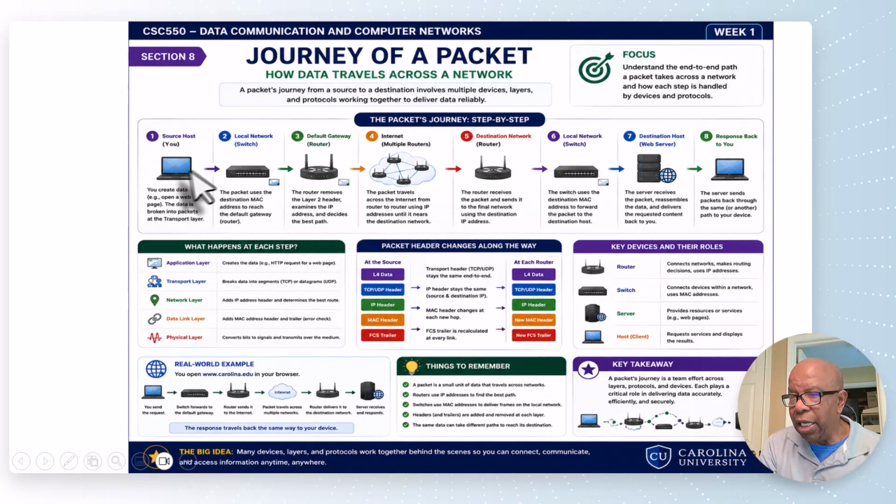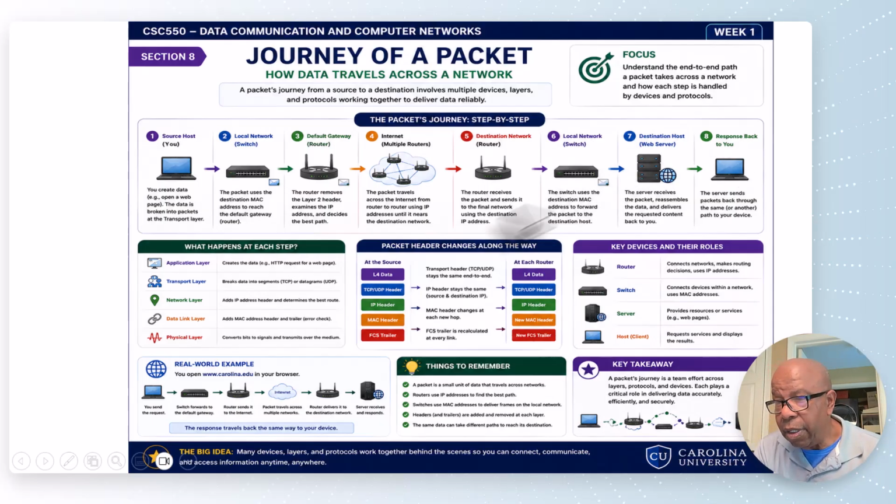So this is looking at all the physical mediums that a packet of data goes through to get from the sender, which is you, to the receiver, who you want to send it to, and what happens once that information is received by the receiver.